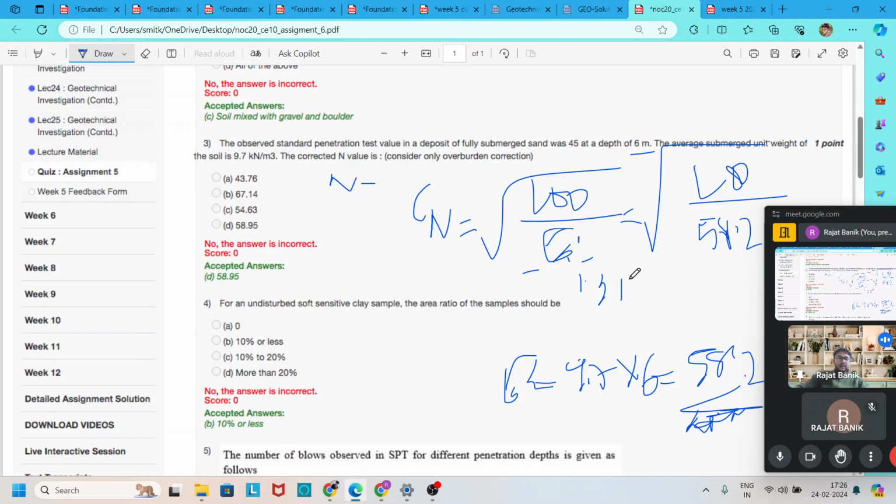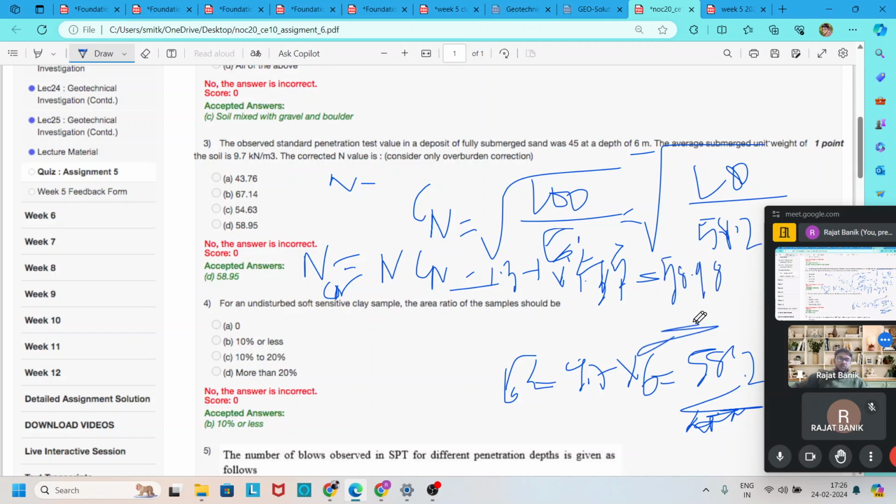Then we have to multiply this Cn with our field observed SPT number to get the corrected SPT, that is 1.31 into 45, and this value becomes 58.98. So it is almost equal to 58.95. So our correct option is option D.